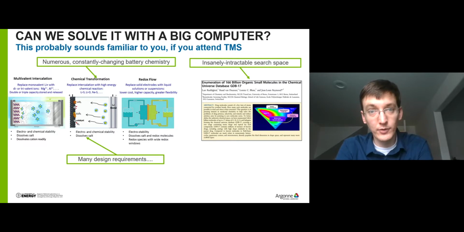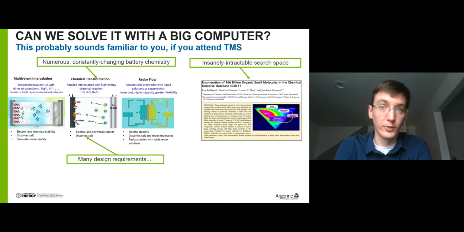The particular types of chemistry we're searching or the particular design metrics change as technology improves. And actually finding the batteries that optimize those design criteria is particularly difficult because there are billions of potential designs to screen through.